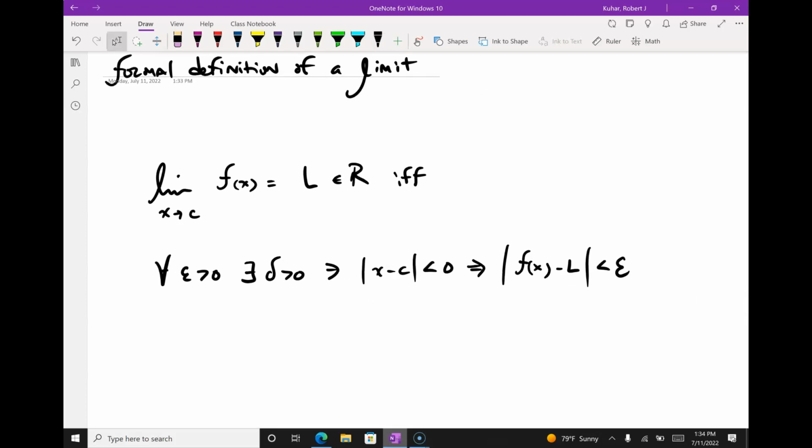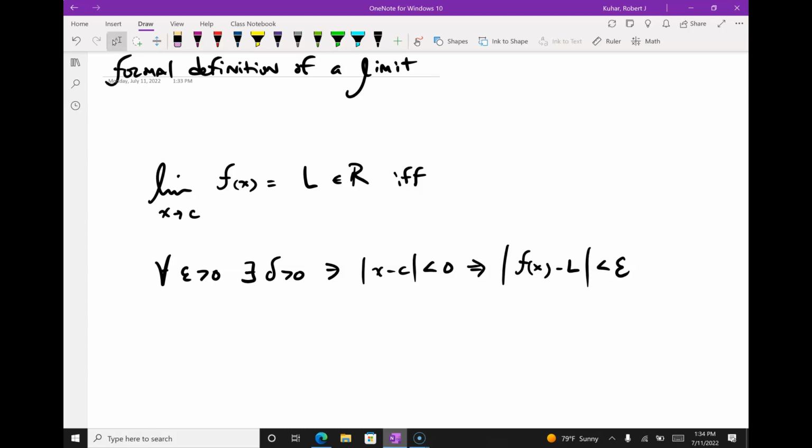Listen to it again. If I have a function and my x is getting closer to a value, then the function should get closer to a height L, right? If that is happening, then the absolute value of f of x minus L is less than epsilon. I'll write it down for you in a second, okay?